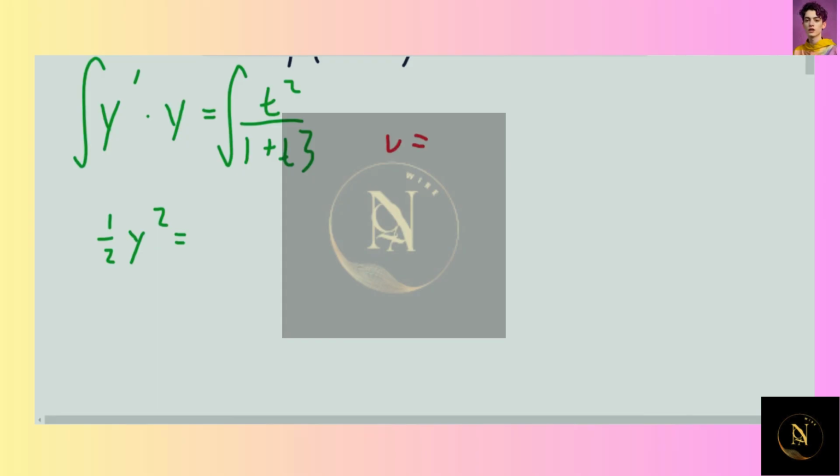So u is equal to 1 plus t cubed, so du is equal to 3t squared dt. So we're left with the integral of 1/3 times 1 over u du, I believe.